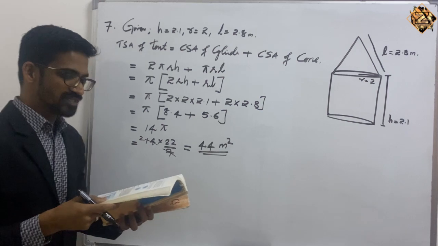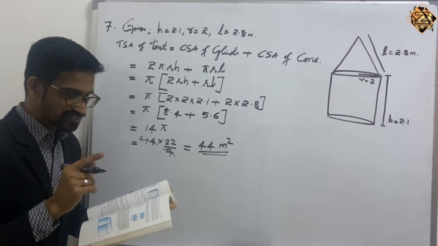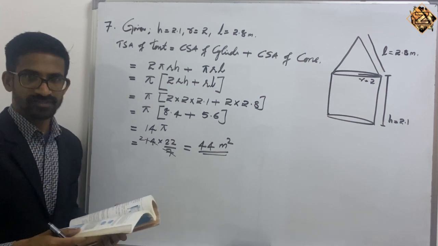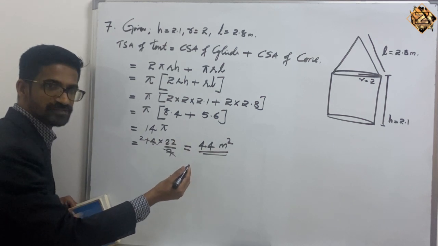Now the question is how much canvas is required for making the tent. It's given that for 1 meter square the cost is rupees 500.